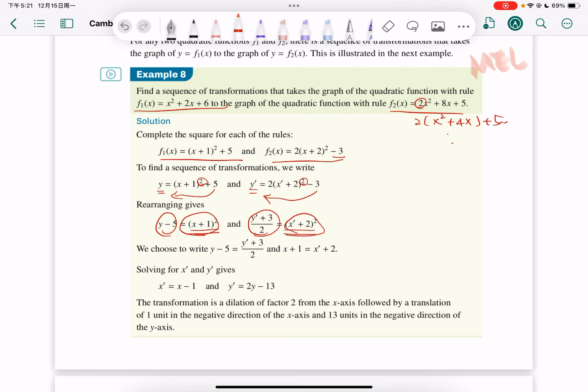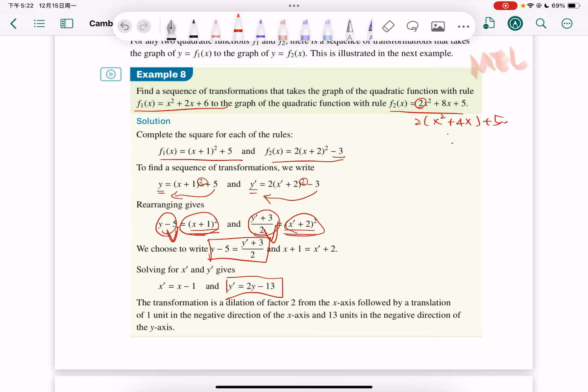Okay, now because we want to know the transformation from initial to final, we can correspond the y part with the y prime part. So the initial part of the y and the final part of the y. If we let them be equal, then we get a function. y prime is equal to 2y minus 13.